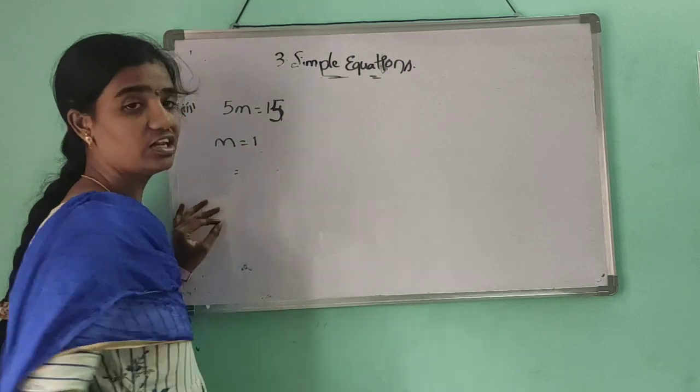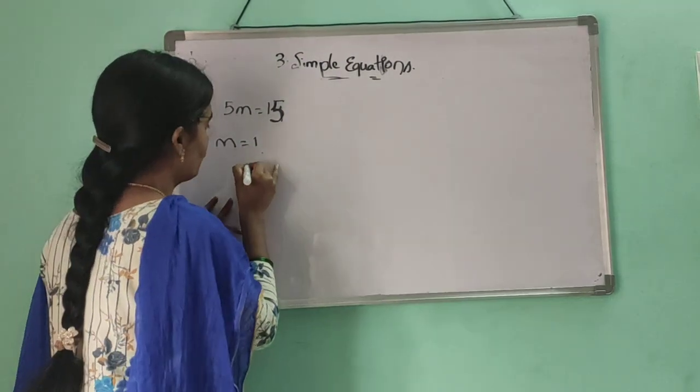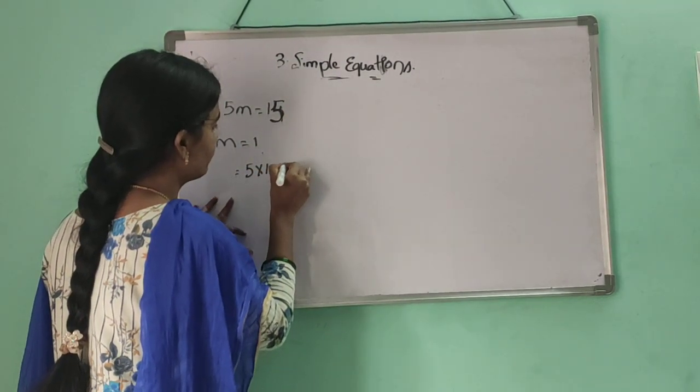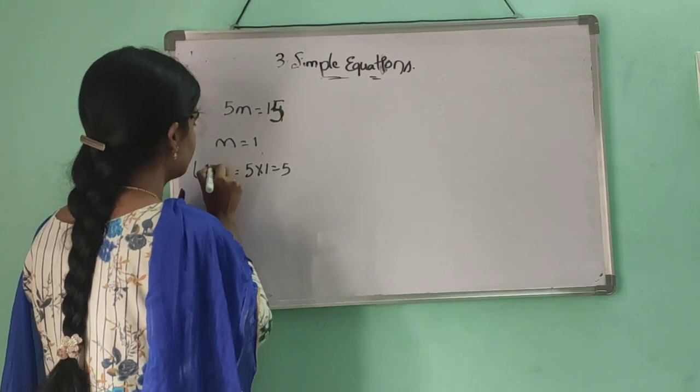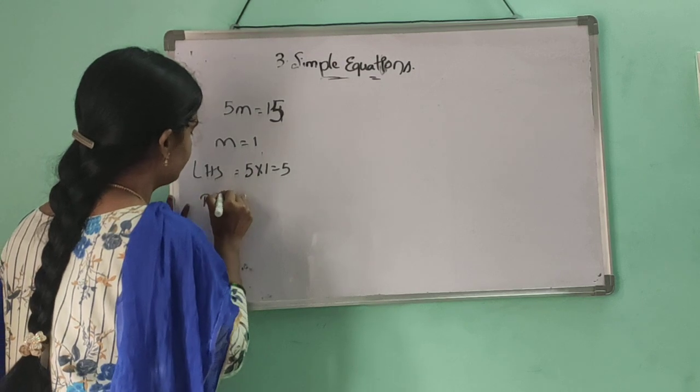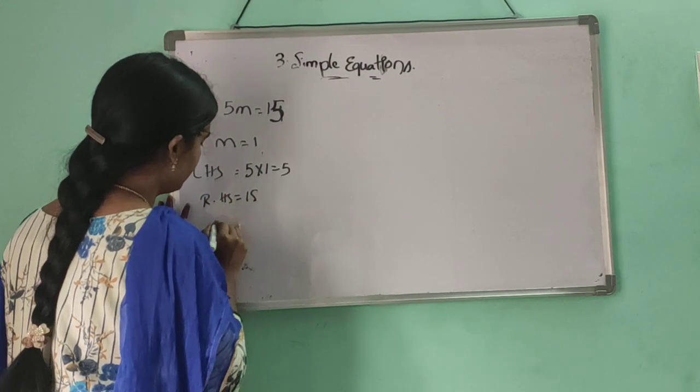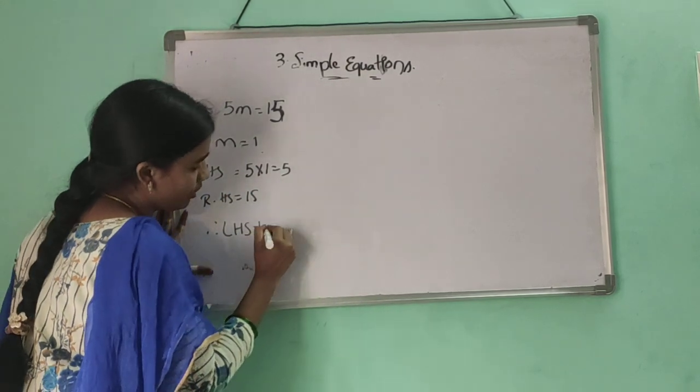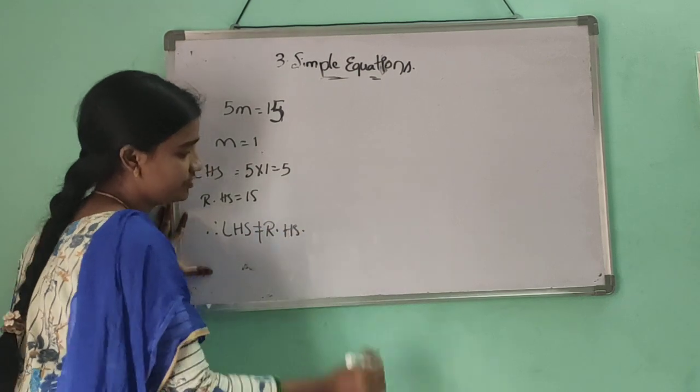Let's take m value 1. 5 into 1 equal to 5. LHS is 5m, which is 5. RHS is 15. Therefore, LHS is not equal to RHS.